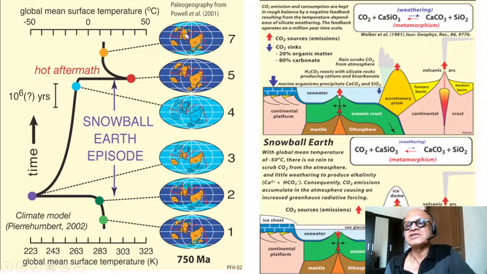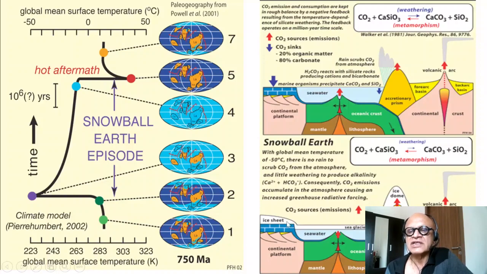How it came out of it is essentially again related to the weathering rates. So under normal conditions, you would have weathering where you have a metamorphism and silicate rock formation at the bottom of the ocean and so on, whereas at the surface you have weathering of silicate rocks. So these reactions are approximately in balance on geologic time scales, whereas under Snowball Earth you have covered everything in ice.